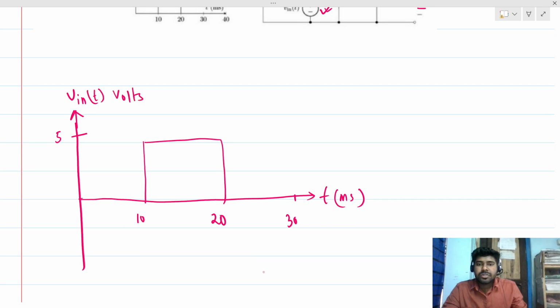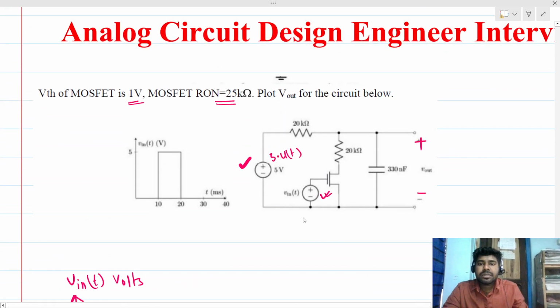So this is our input signal. This is 0 volt, and this is 5 volt for this input.